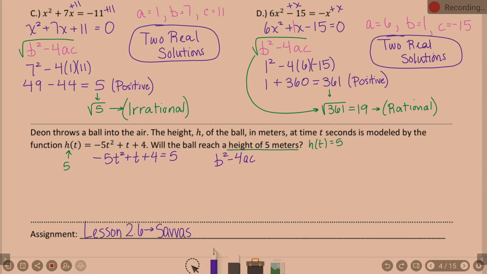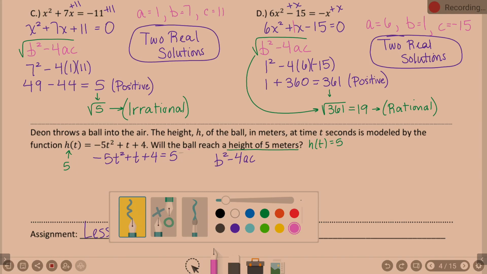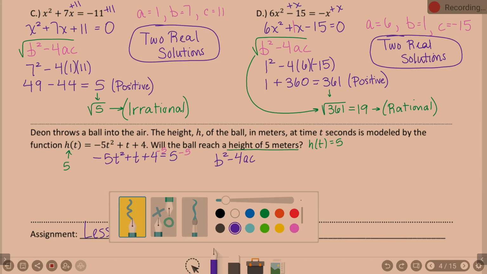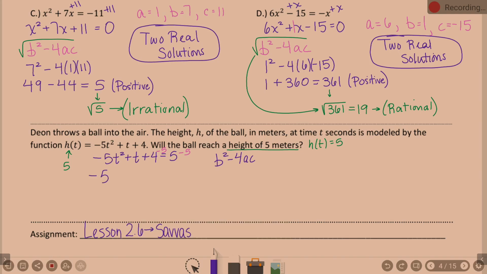Before we get our ABCs, this has to equal 0. So I'm going to subtract the 5 over. My equation is negative 5t squared plus t minus 1 equals 0.